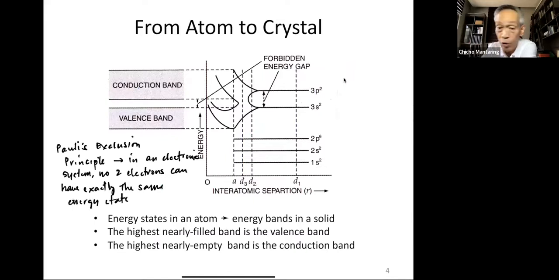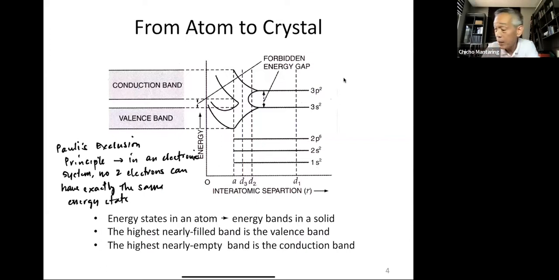If the atoms are far from each other, that is not considered a system. But as they go closer and closer, they start interacting with each other, and that's when it starts to form a system.